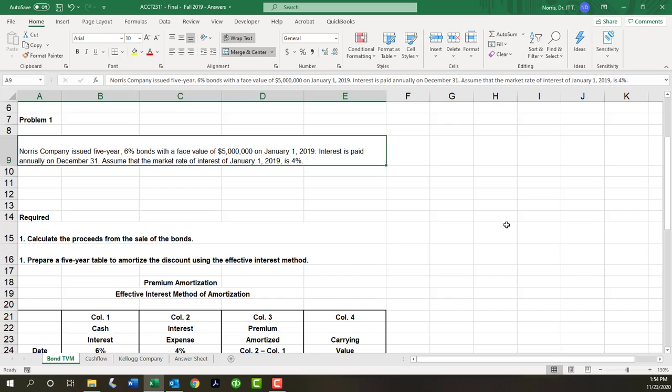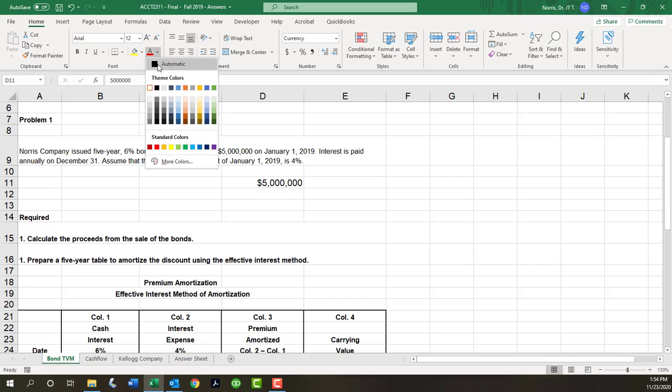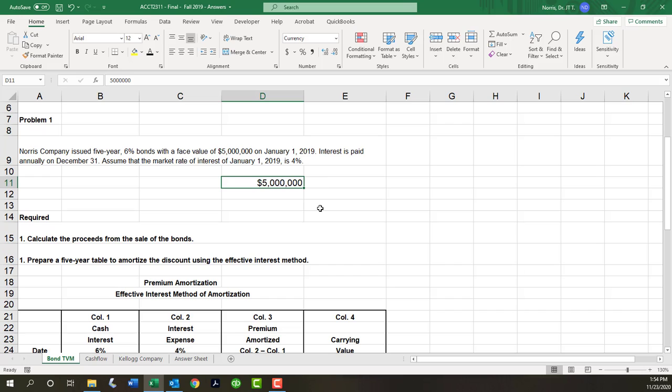Okay, so the first thing to do is calculate the selling price for the sale of the bond. And so there are two cash values. There's a single payment of $5 million.